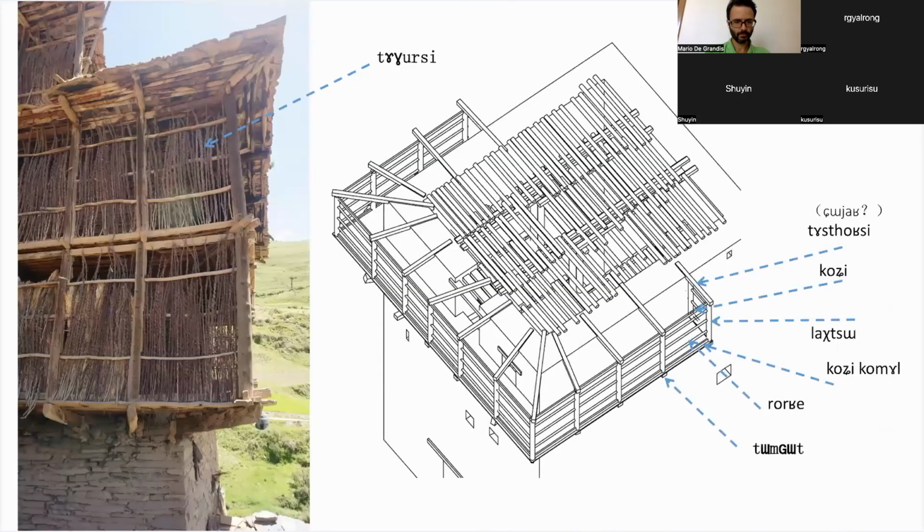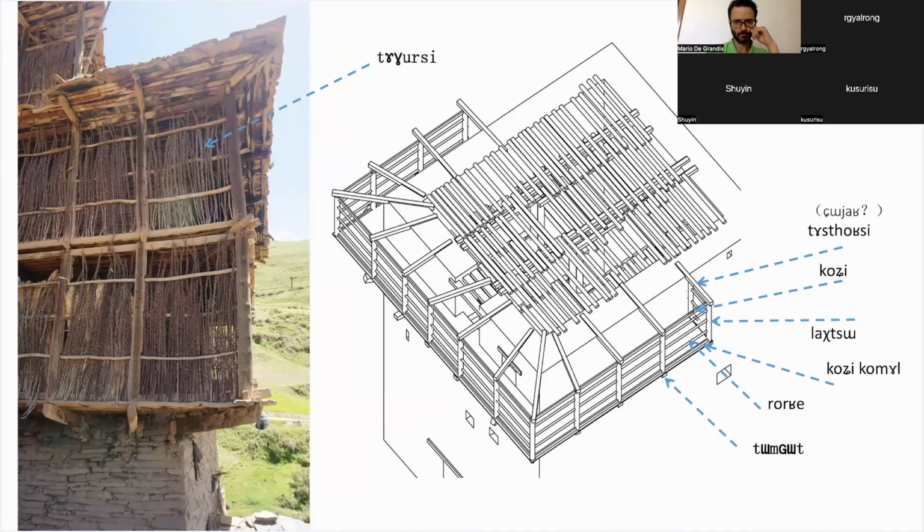And here I would like to say that from the dictionary of the Japhug area, I find that there are quite various terms used for describing the wooden elements of overhanging verandas.